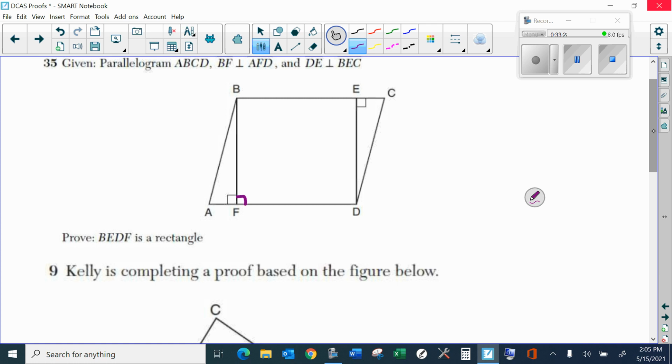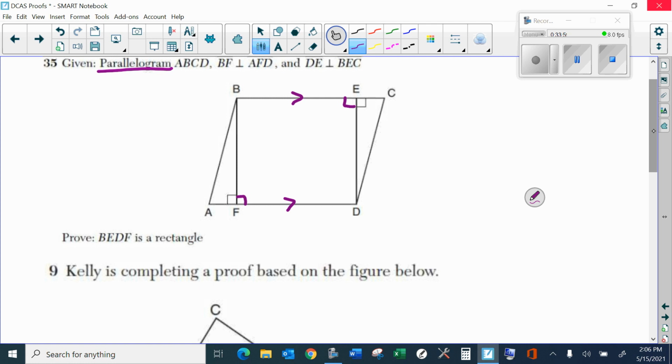Well, the way you can prove that, I'd be able to say this is congruent to this, parallel lines, definition of parallelogram. I'd be able to say these are both perpendicular. So I have 2 right angles, and that'd be using linear pairs or supplementary, since one is 90, the other has to be 90.